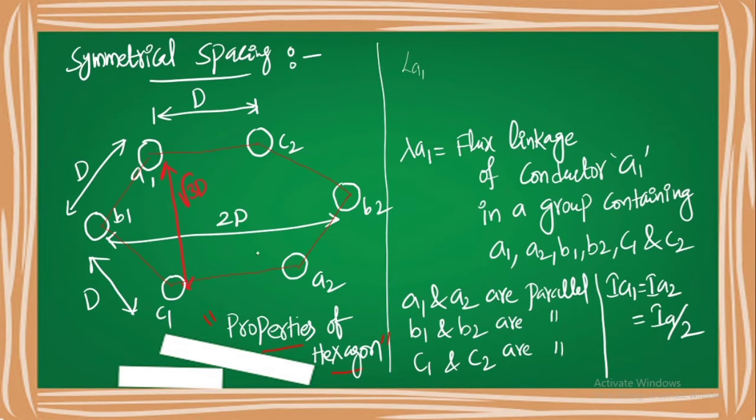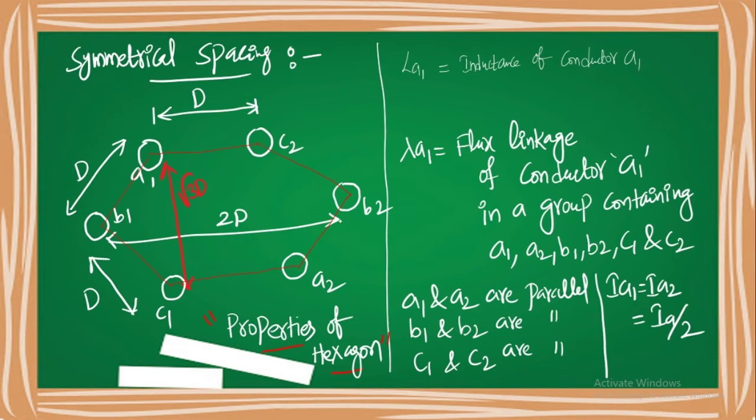A1, A2 combinedly are called phase A, B1, B2 combinedly phase B, C1, C2 combinedly phase C, right? So how can I find the inductance of the conductor? What is LA1? LA1 is nothing but the inductance of conductor A1.